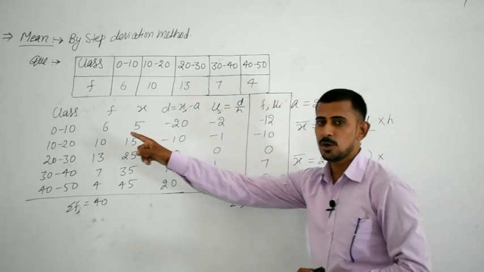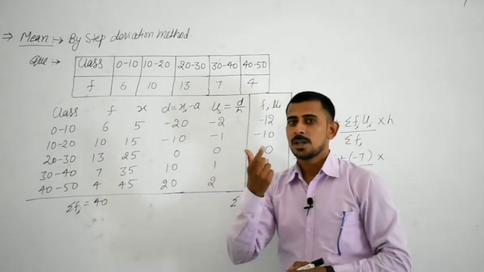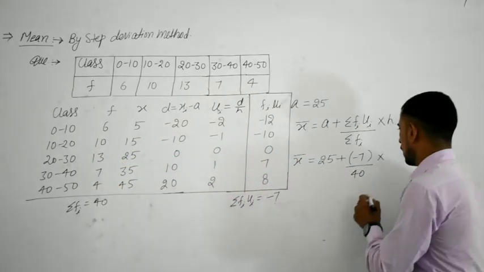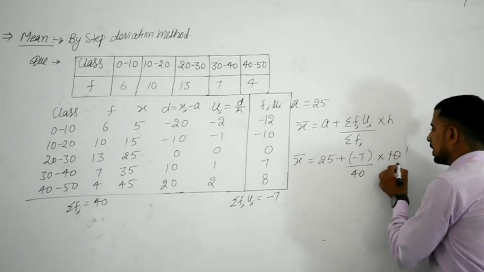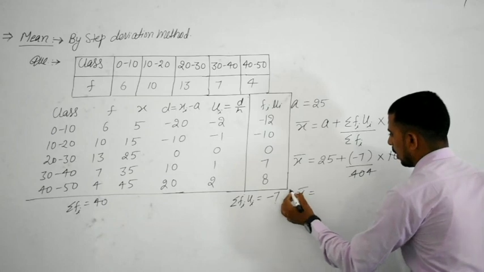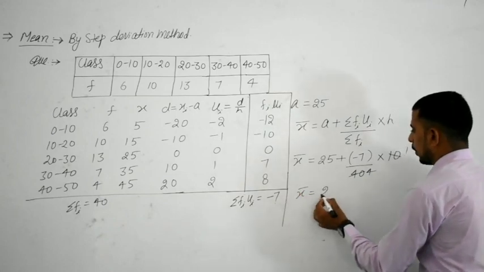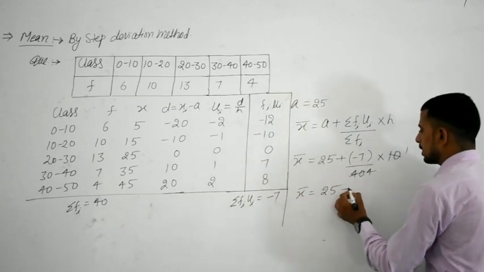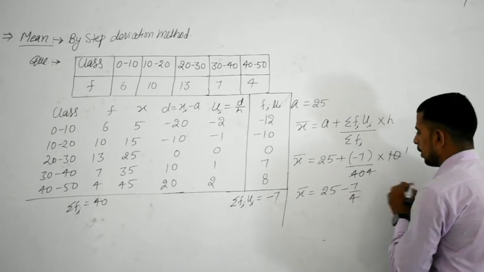H means height of class. Height of class or class interval difference is 10. 10 1s are 10, 10 4s are 40. Now x bar is equal to 25 plus -7 upon 4.